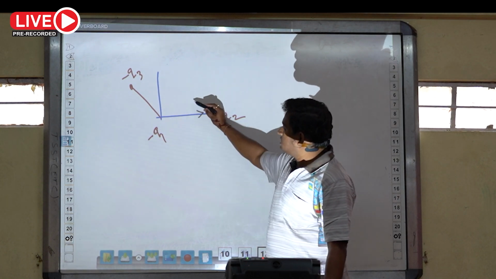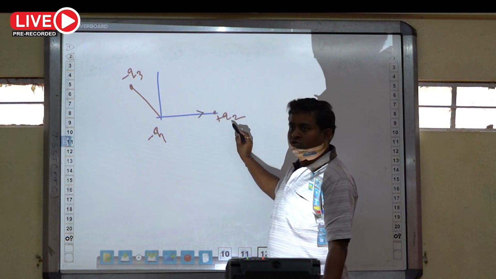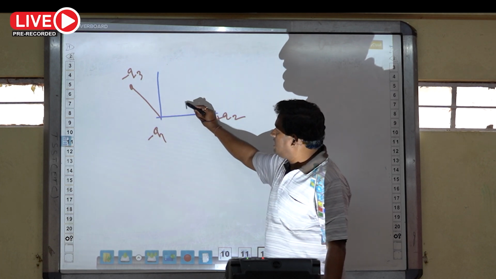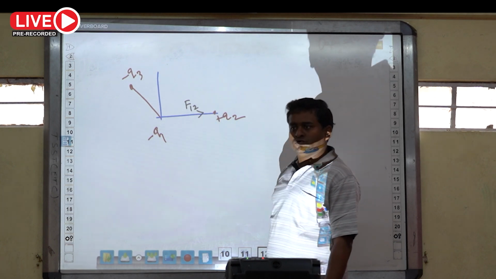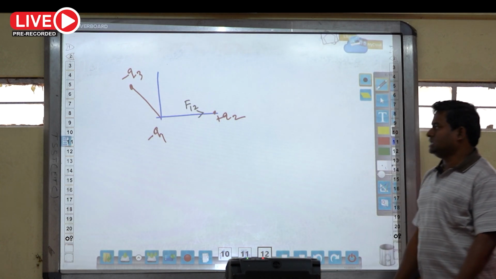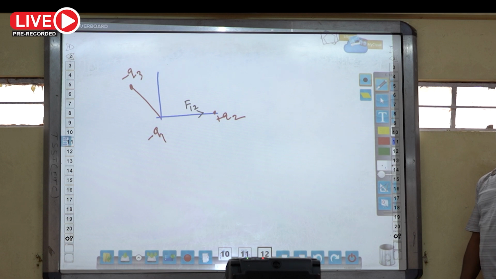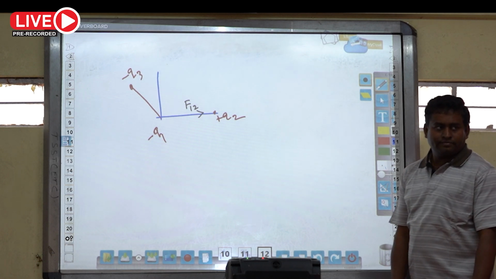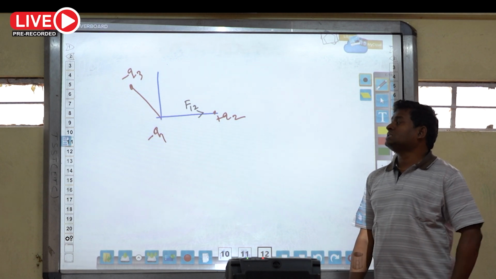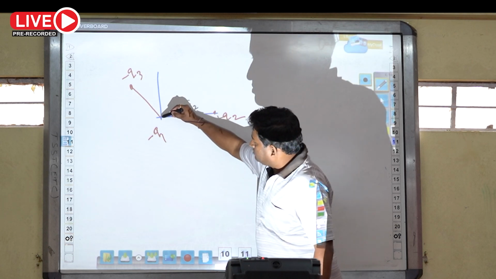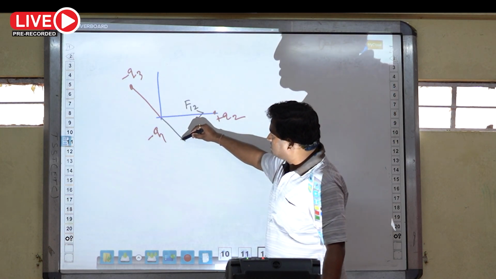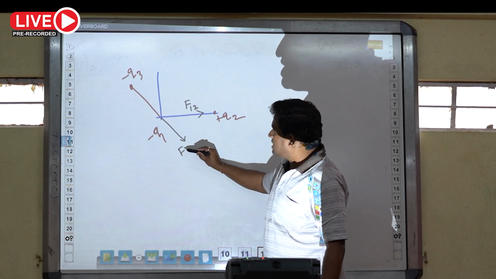Let us write this force as F12, the force on 1 given by 2, along this direction. This is already along the X direction. Now, the force given by Q3 on Q1 is repulsive because both have the same sign. This one is F13.